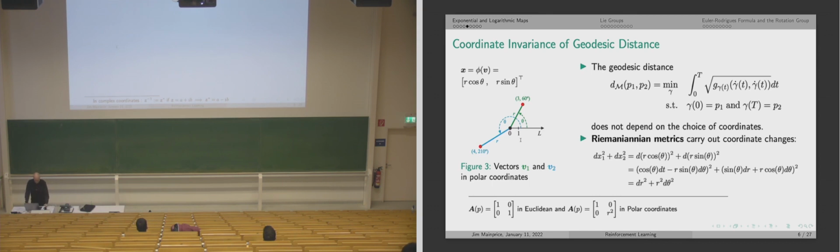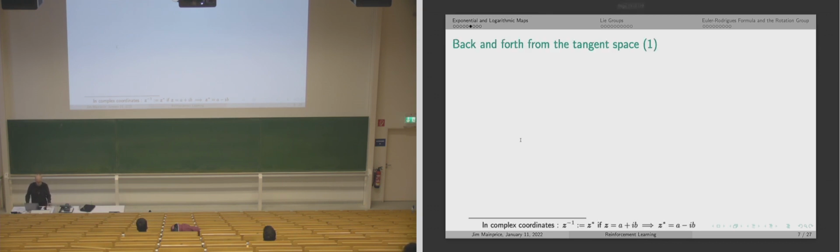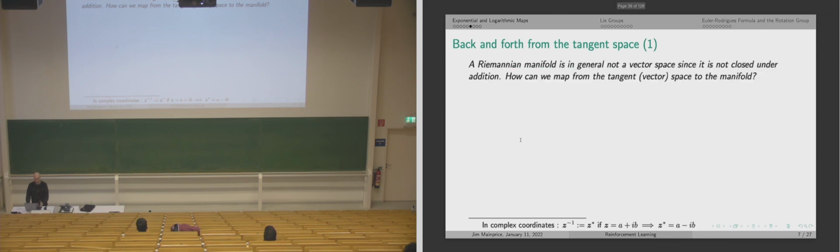Okay, so one last thing is to introduce these exponential and logarithmic maps. It's the basic idea of how do we go from the tangent space to the manifold itself. The key idea is that a Riemannian manifold is in general not a vector space, since it is not closed under addition.